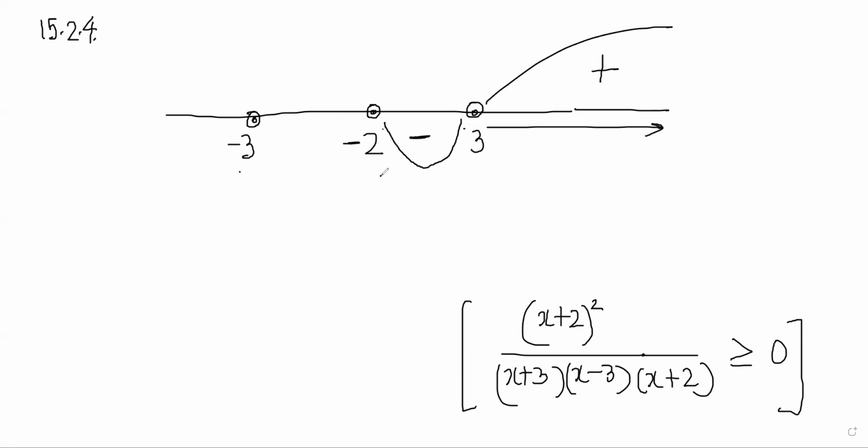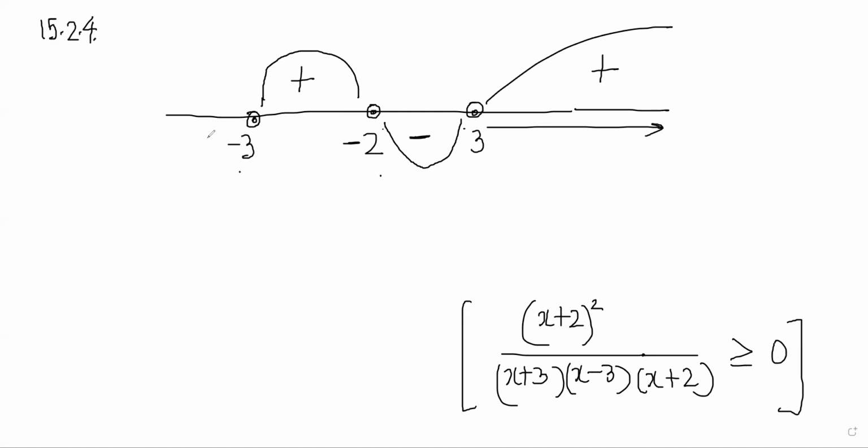Between -3 and -2, two of them will be negative. Which ones? X plus 2 and x -3, right? Between -3 and -2, two of them are negative, one of them is positive. So overall thing becomes positive.